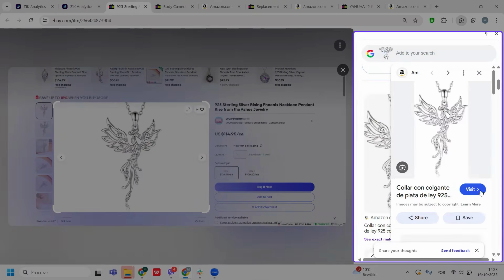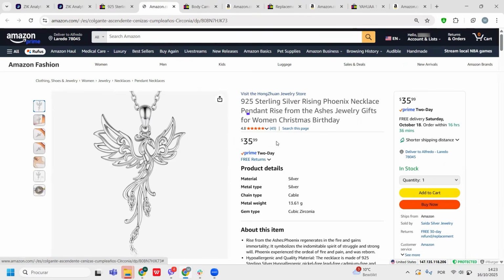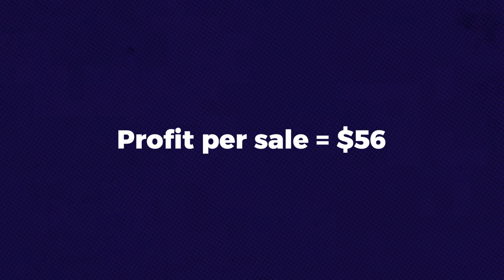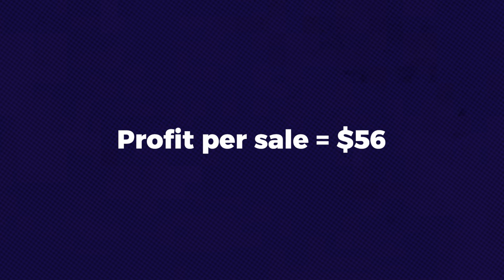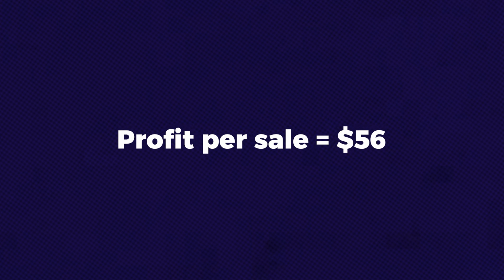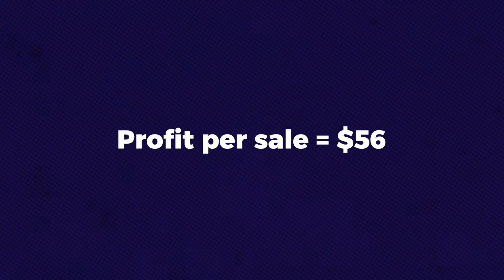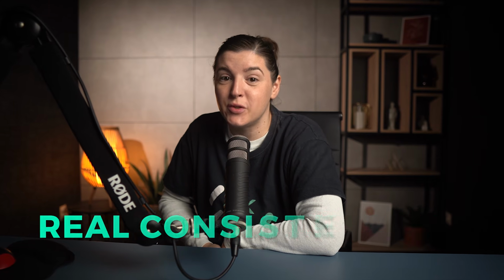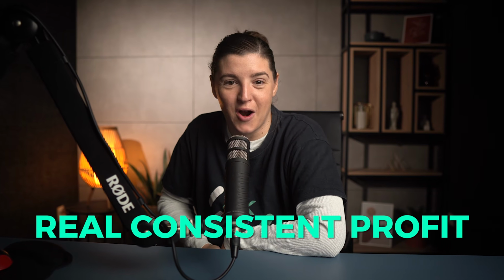We can source this product from Amazon for just $35.95, leaving us with a total profit of around $56. Yes, one product and $56 of profit per sale. This is how you move from beginner seller to real consistent profit.